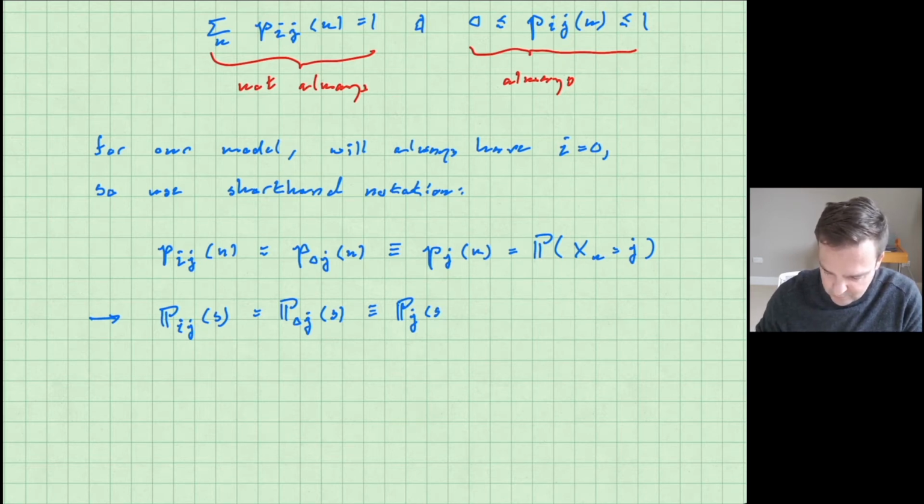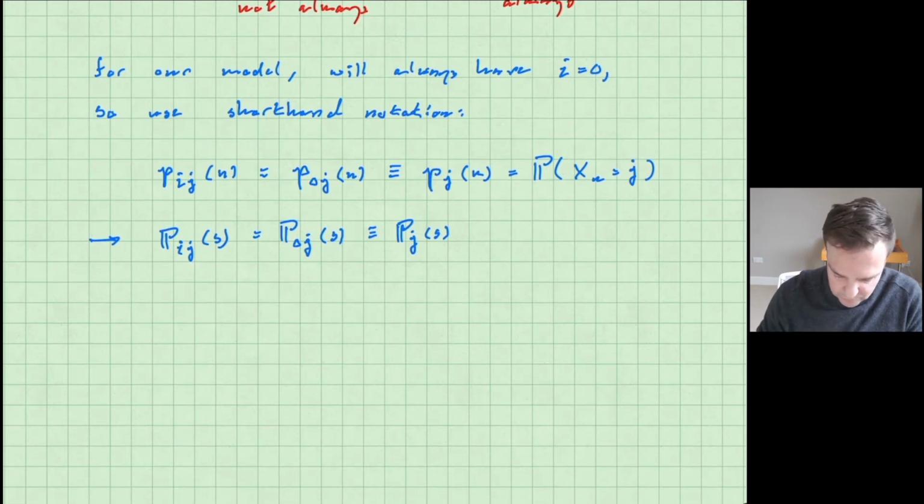Oh man, writing is a mess today. All right, so we'll also use Fij. We're always going to look at 0, j.